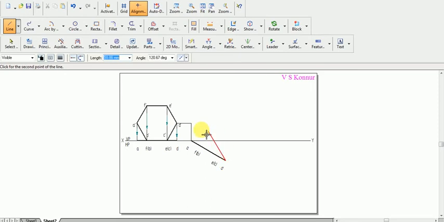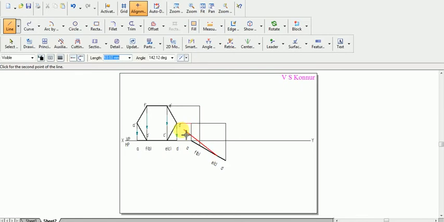Now draw the A point, next B point. When you move on this line, these are separate lines, so you will get endpoints to draw. No need to cut. F is there, B is here, we get it directly.